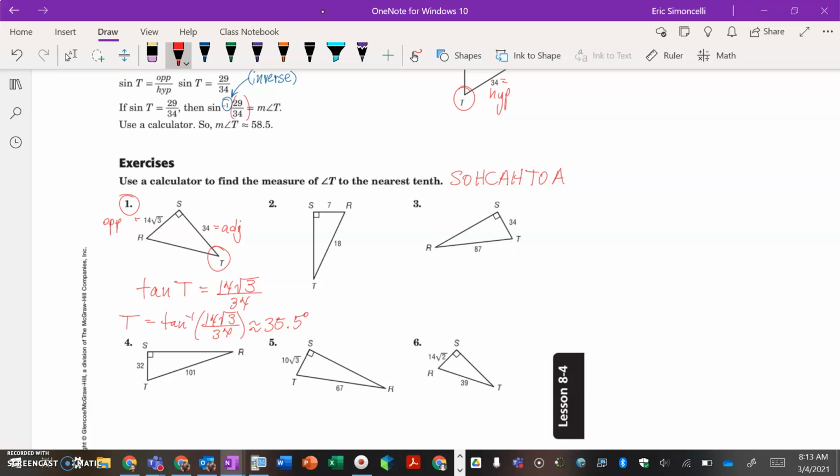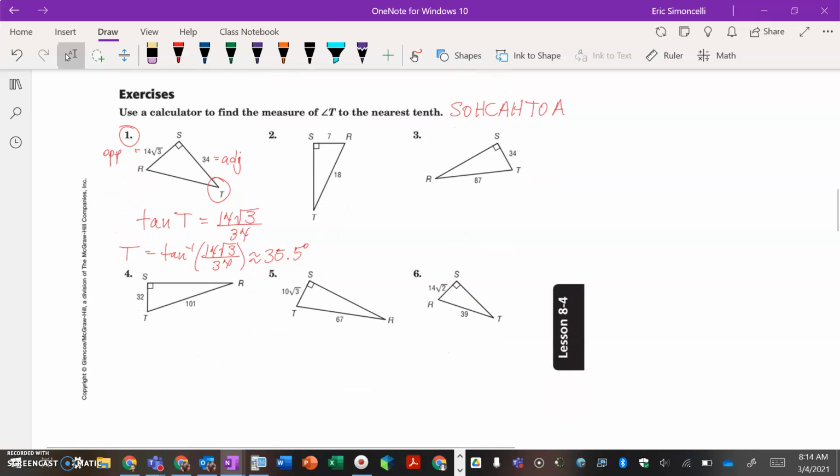Okay, let's continue. So we've done sine in the example. We just did tangent. We should probably take a look at cosine. So a good example of which is number 4.